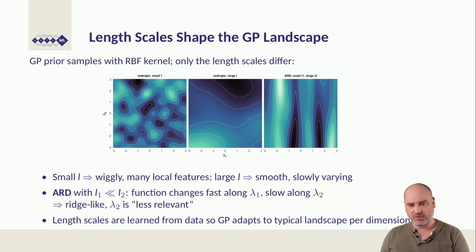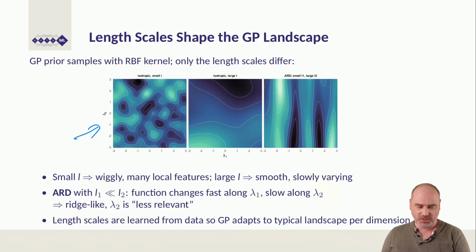Some further visualizations with respect to these length scales. So I guess it's intuitive to not only see this in 1D, I've done this here again in 2D. So here, again, on the Brownian function, you can see what happens if I use different settings for my length scales. So I can use an isotropic setting where I'm using the same L for both dimensions.